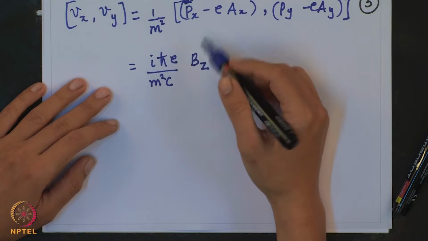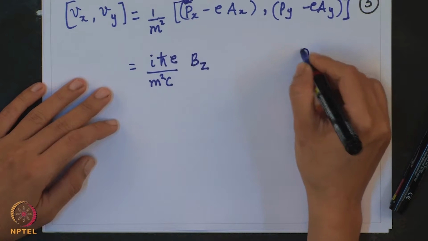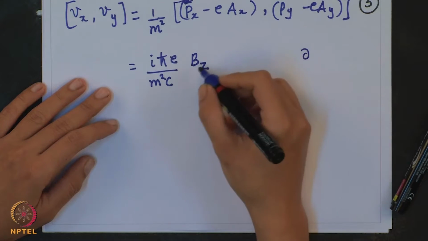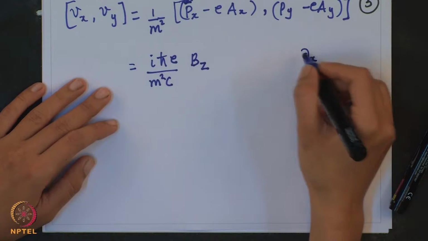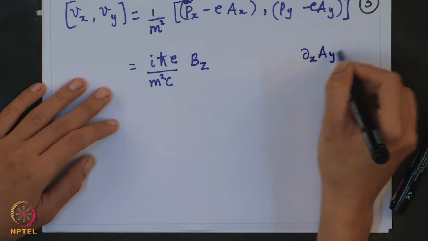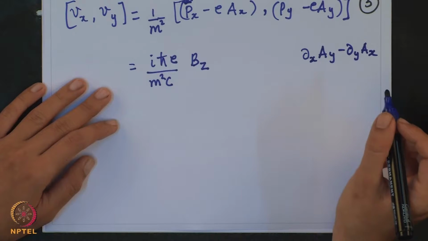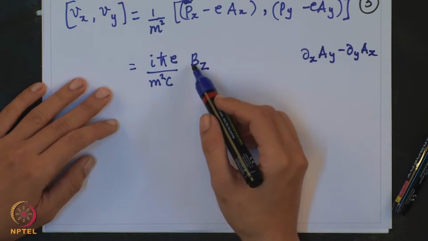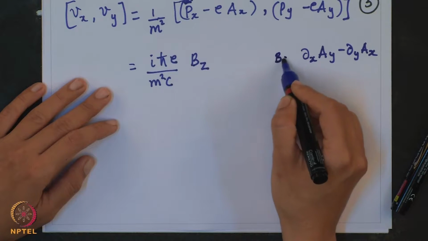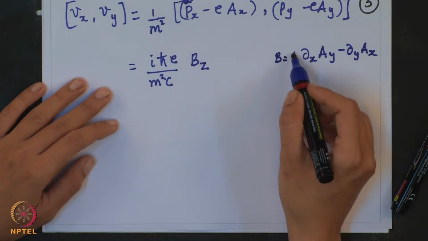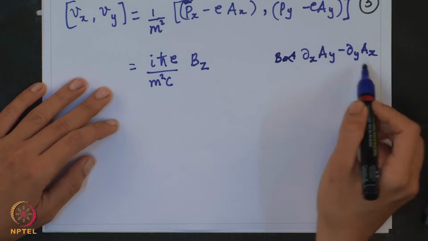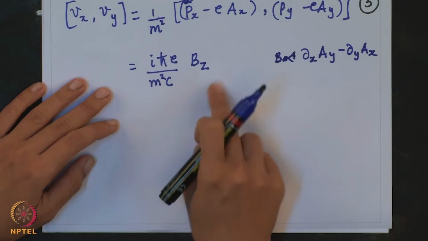How will I write B_z? It will be, in the x and y components, ∂_x A_y minus ∂_y A_x, it will be in this form. So, this B_z is proportional to this. We have got it from here.